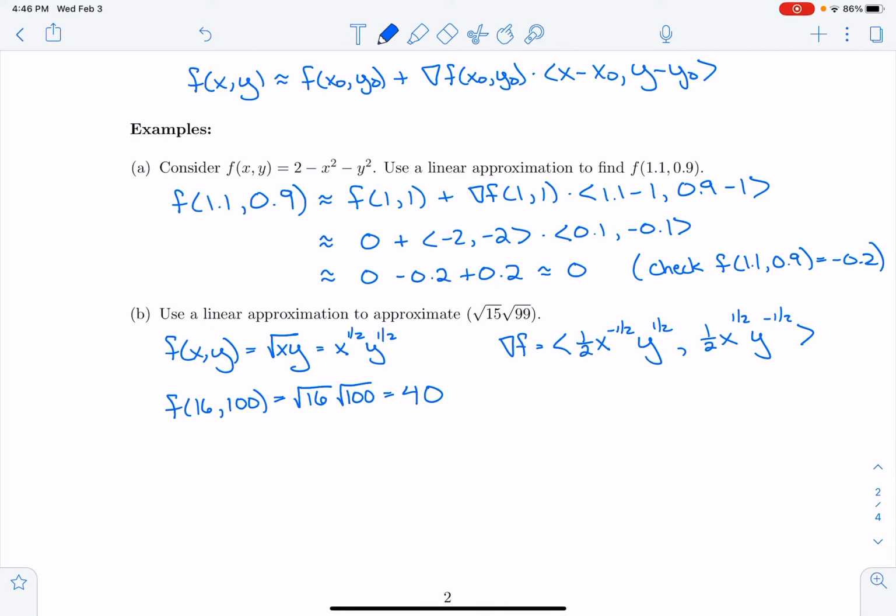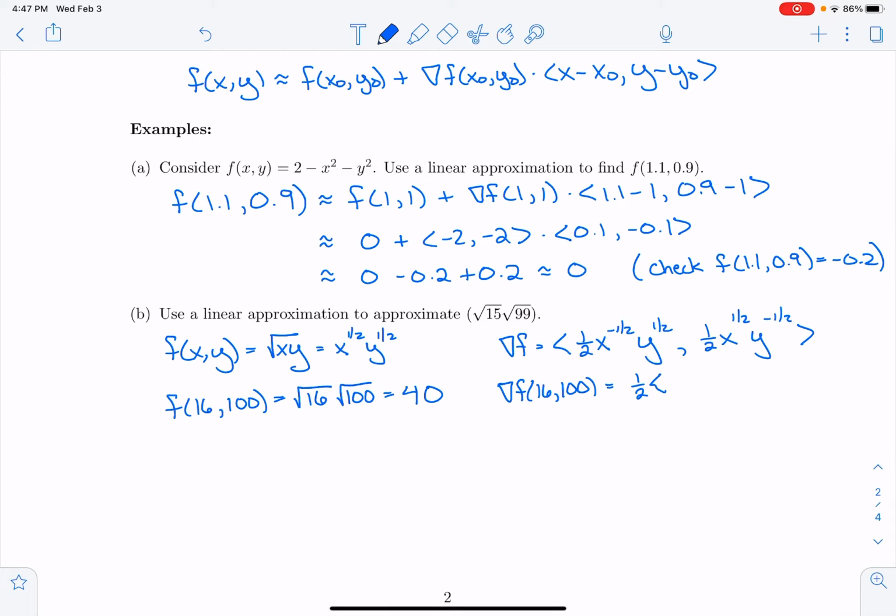And then let's plug in x and y being that point 16 and 100. So here, let's go ahead and maybe factor out the 1/2 just to make things easier.